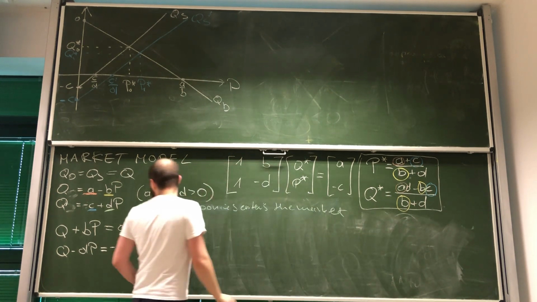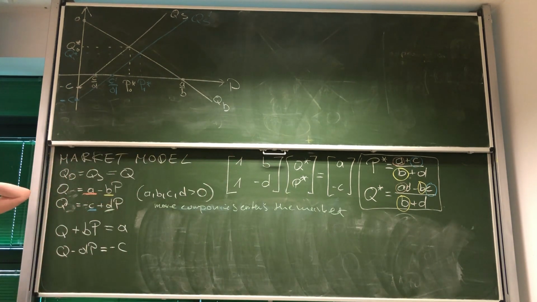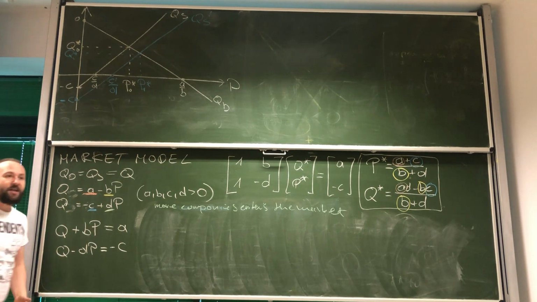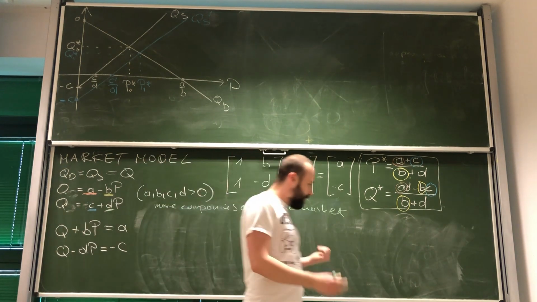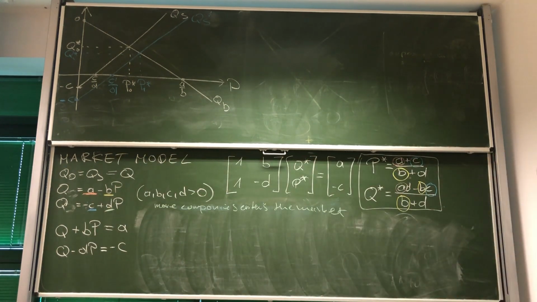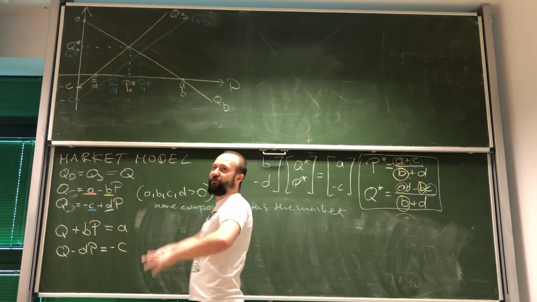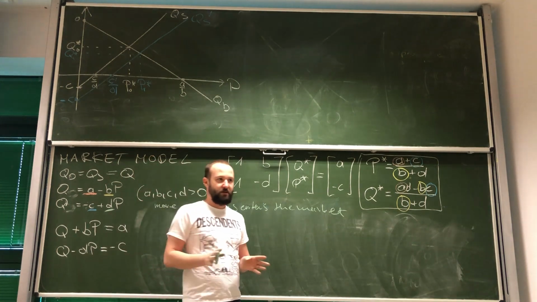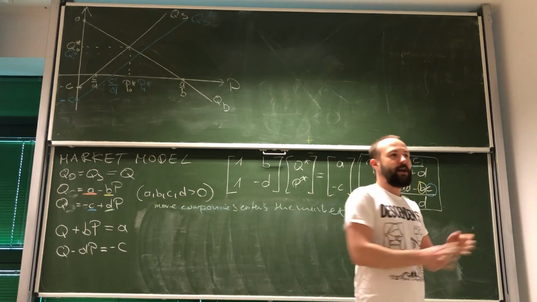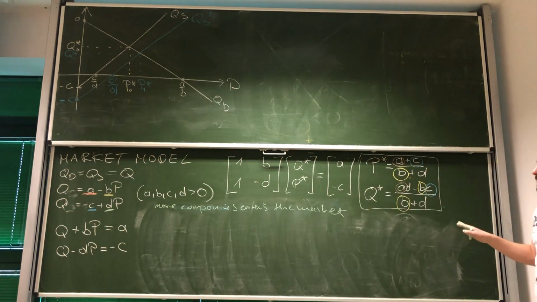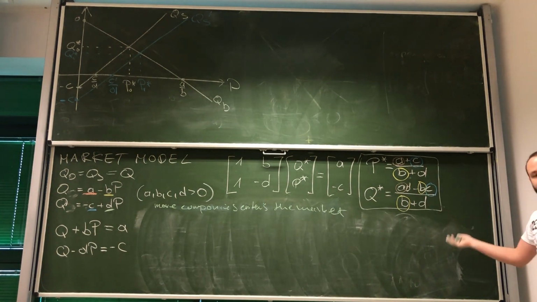What will it do? This will make supply more elastic. Because now, with higher competition, if you do not have much competition and you increase the price, customers do not have where to go, right?